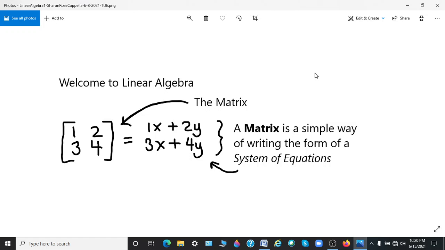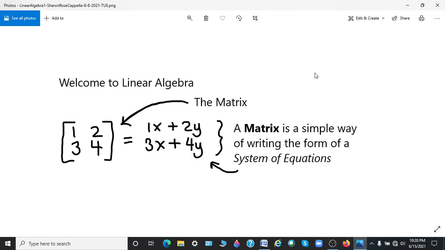Welcome to Linear Algebra. This video is lesson 1 of this course in Advanced Mathematics, and linear algebra is typically taken after the array of calculus courses, although calculus is typically more difficult than linear algebra in the actual implementation, but linear algebra can be more difficult in terms of the conceptualization of the different components of it and the usage of it.